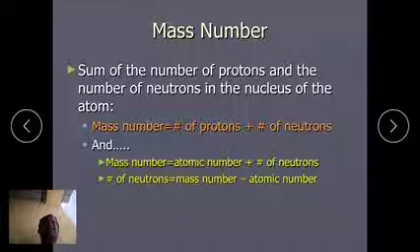Next, remember the mass number is the sum of the number of protons and the neutrons in the nucleus of the atom. The number of neutrons is equal to mass number minus atomic number.